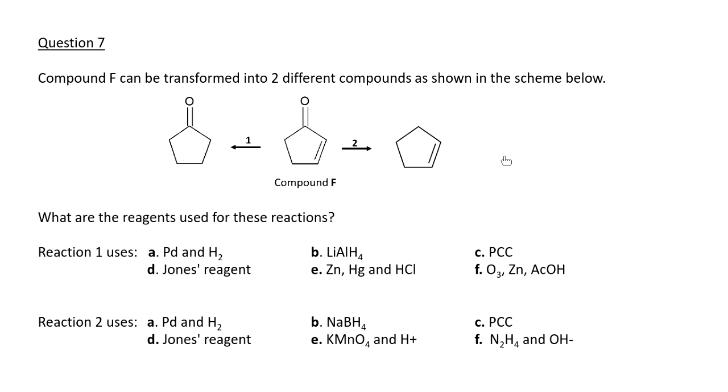So for reaction 1, how do we remove the double bond without affecting the ketone? Anybody? So we're giving options here. Very good, Damien. If we had used lithium chloride, what would have happened?